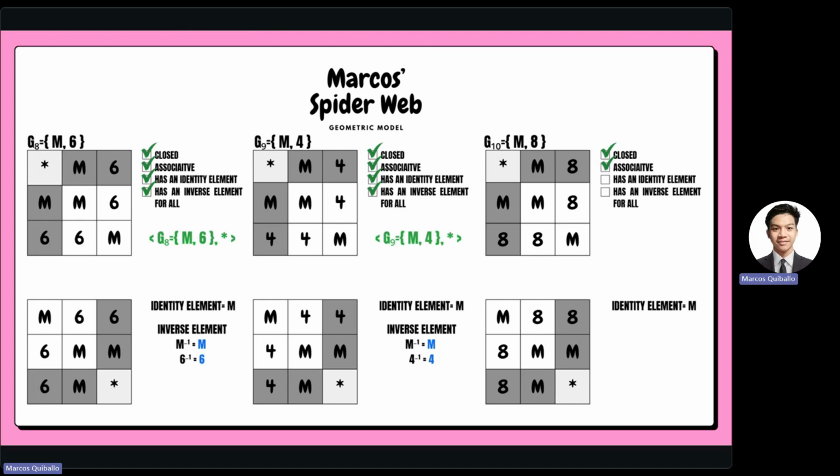It also has an identity element, which is M. It also has an inverse element: the inverse of M is again M, and the inverse of 8 is itself. So G sub 10 is also a group.